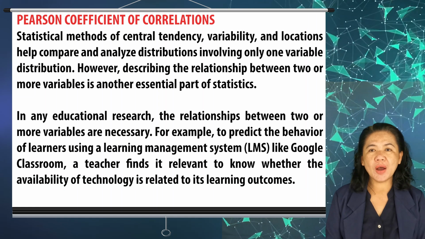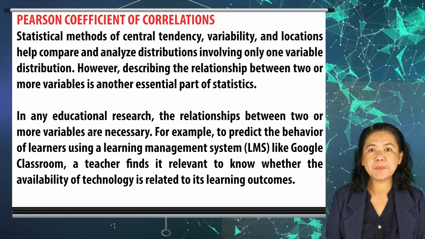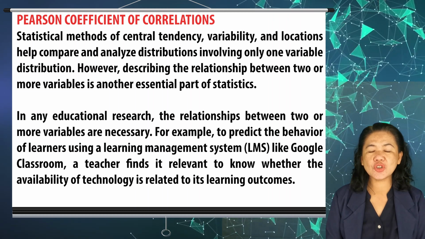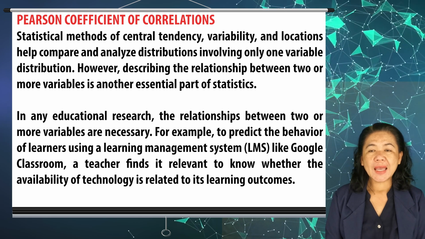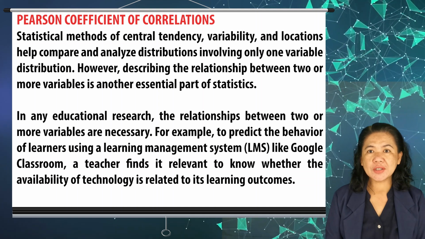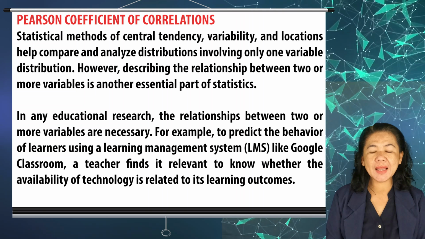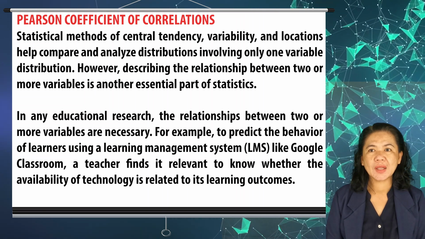The Pearson product moment correlation coefficient measures the strength of the linear relationship between two variables. It is referred to as Pearson's correlation, or simply the correlation coefficient.